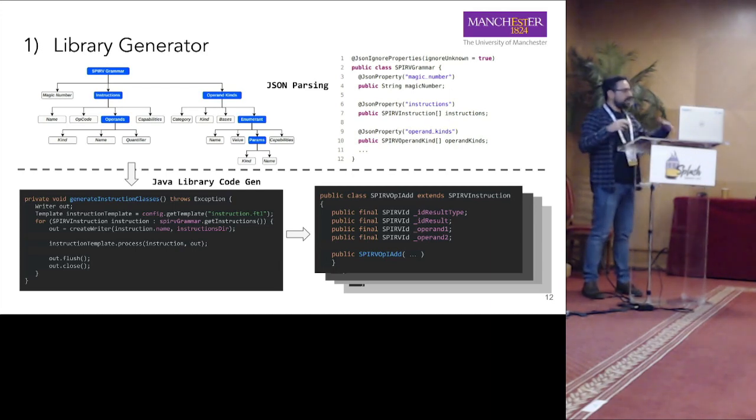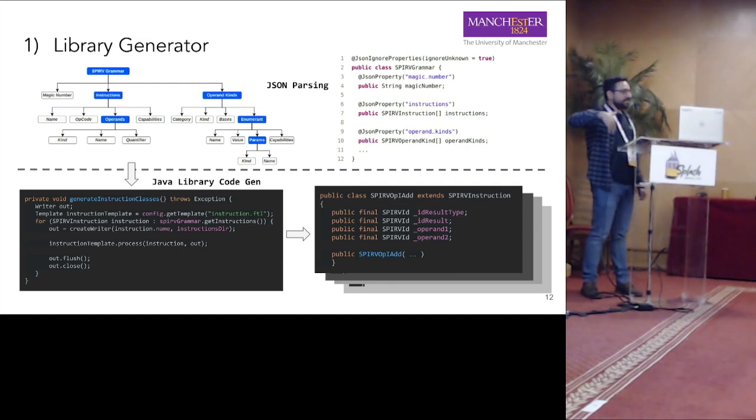The first step is with the Jackson framework. We parse the whole grammar file, and the file is divided into the magic number, a list of instructions, and a list of operands, and whatever else we can have in there. Once this is done, we have in these two arrays, SPIR-V instructions and SPIR-V operands, all the instructions and operands that we have in the SPIR-V specification, all of it.